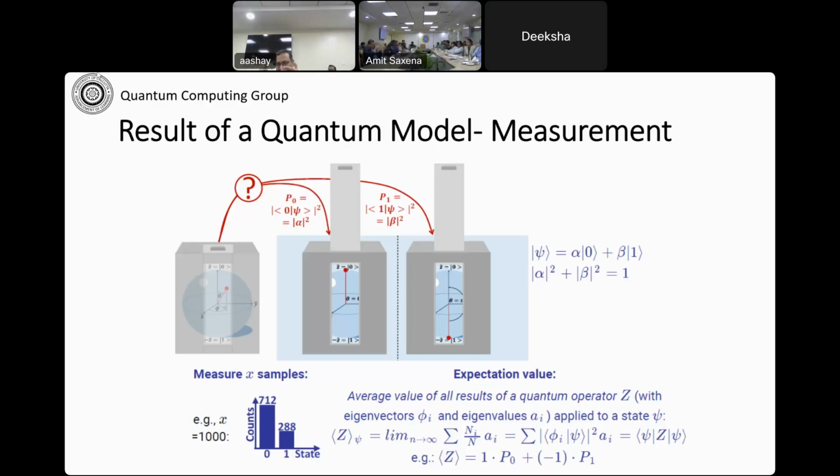Eigenvalue is a value of the basis vector. If you do a transformation, U, on a basis state, it will give an eigenvalue and the basis vector. So what you are trying to measure is the eigenvalue for a particular basis state for a given operator, and that is the expectation value.